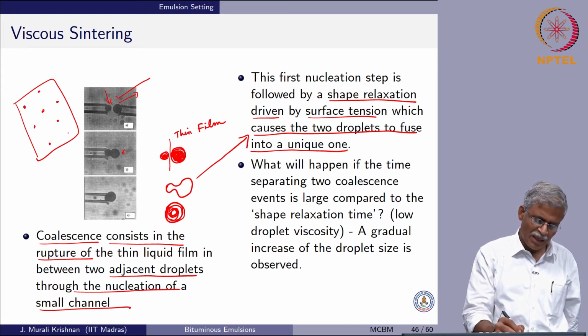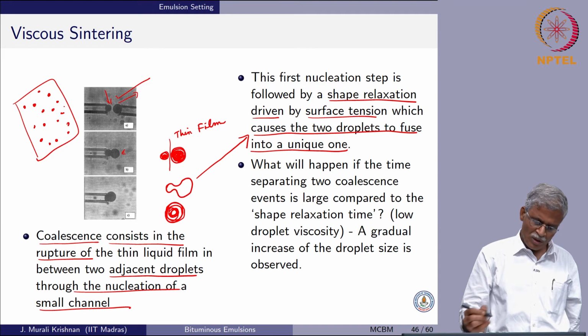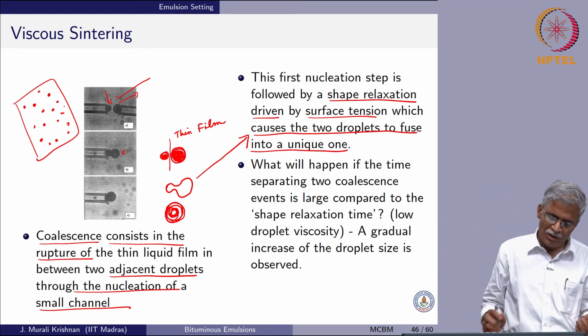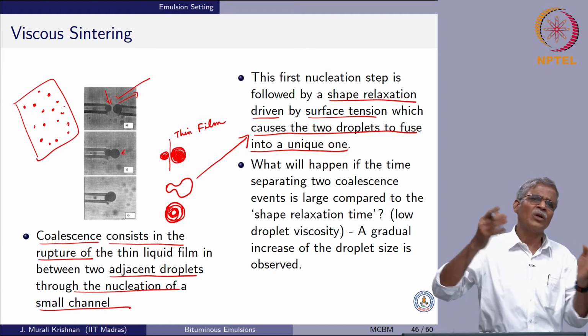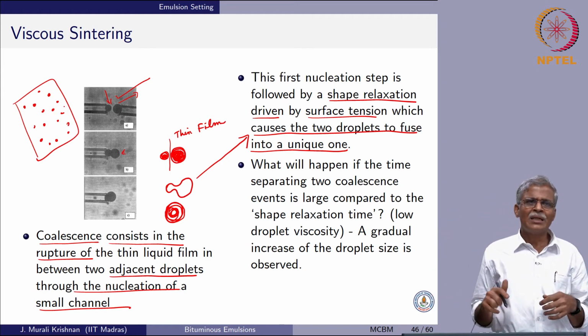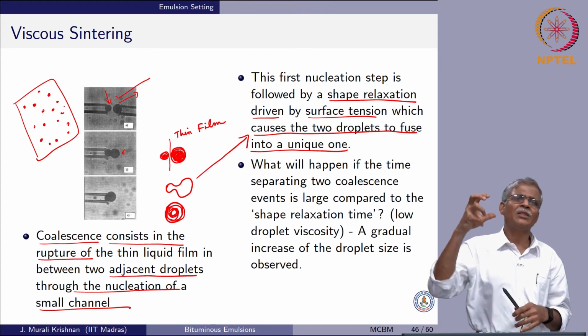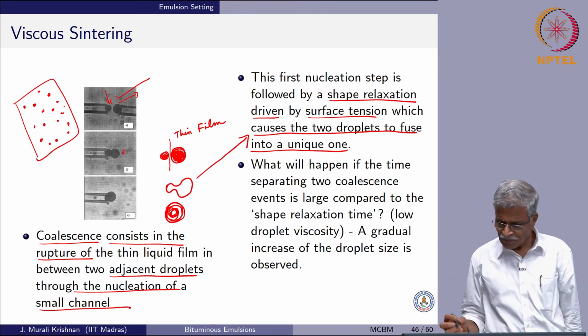At any given time, you are going to see events related to coalescence happening, call it one coalescence event, and once the coalescence happens between, let us say, two droplets, there is a shape relaxation that takes place.